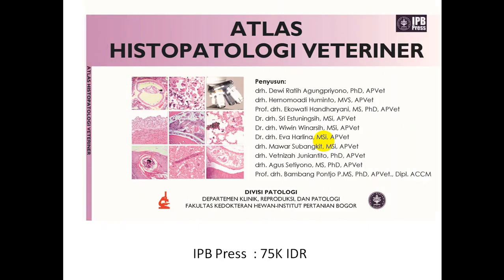For practice, we also provide this atlas of histopathology. If you would like to order it, you can ask the Secretariat of Pathology, Miss Kiki, and the price is 75,000 rupiah.